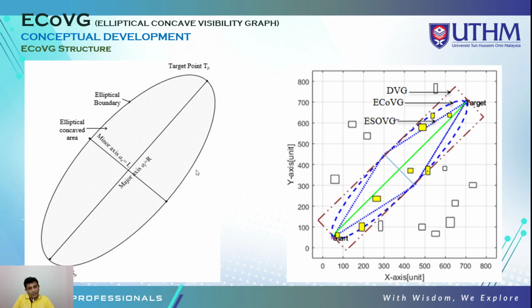The size of the model will depend on the target point, the starting point, and on the minor axis L. Considering the starting point and target point are fixed, the model will be reduced if L is reduced, and the model will be increased if the minor axis L is increased.